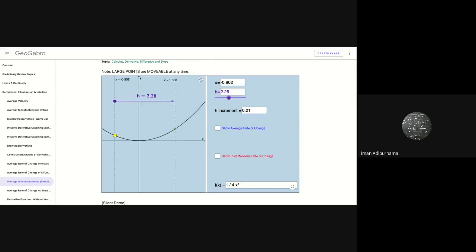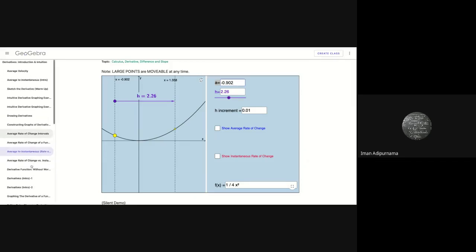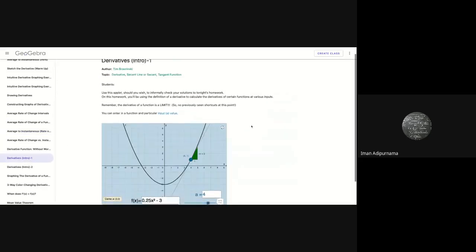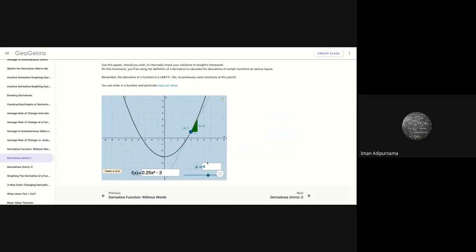Remember the h as in the limit, the delta, right? And then you can also change the number as you want. And you can see, for example, the intro for the derivative, and you can also see the change of the tangent.